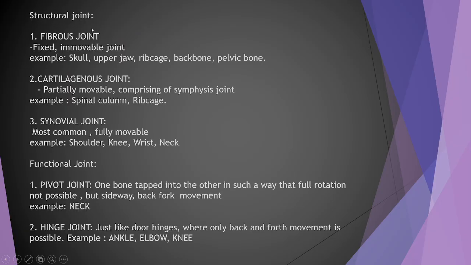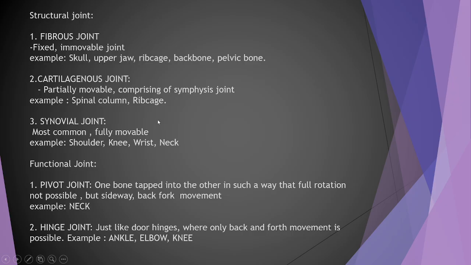Fibrous joints are fixed, immovable joints, for example the skull, upper jaw, rib cage, backbone, and pelvic bone. Cartilaginous joints are partially movable, comprising the symphysis joint, for example the rib cage and spinal column. Synovial joints are the most common and fully movable, for example the knee, wrist, neck, and shoulder.